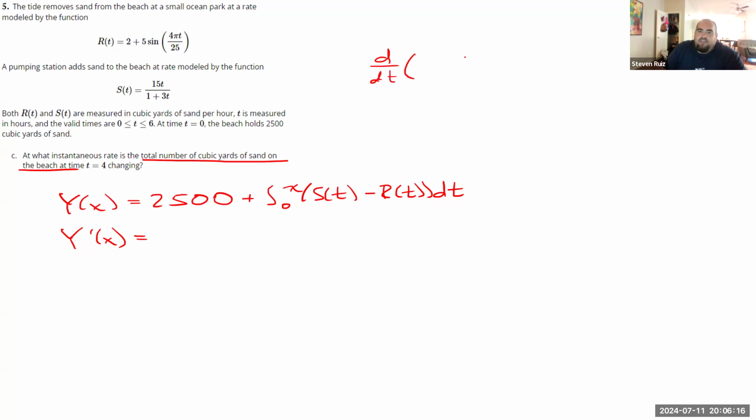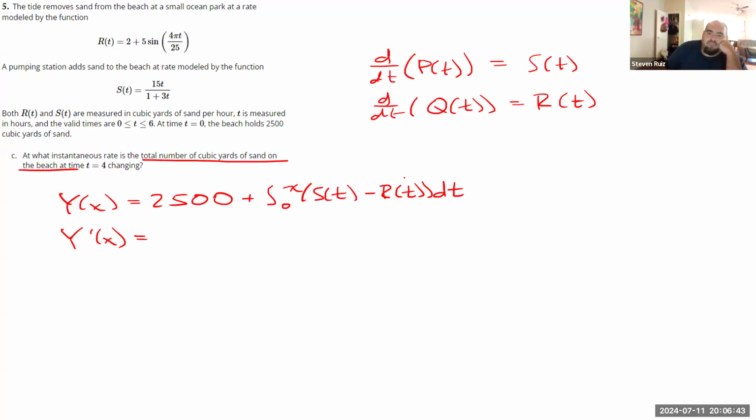Let's say the derivative of P is s of t, and let's say the derivative of Q of t is r of t. I don't need to know how P and Q are defined. I'm just giving them names.